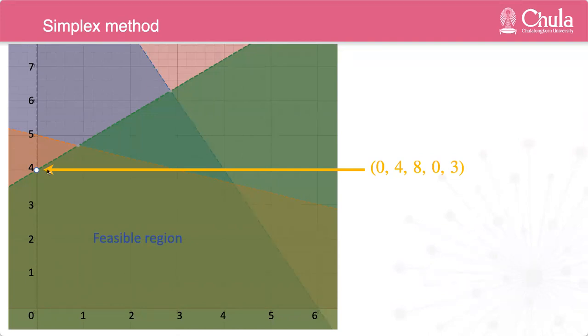And you see that the second constraint, S2, is our non-basic variable, right? And the value is 0. What does it mean? The slack variable for the second constraint is 0. Remember that originally the constraint is lesser or equal, and we add a slack variable to it.